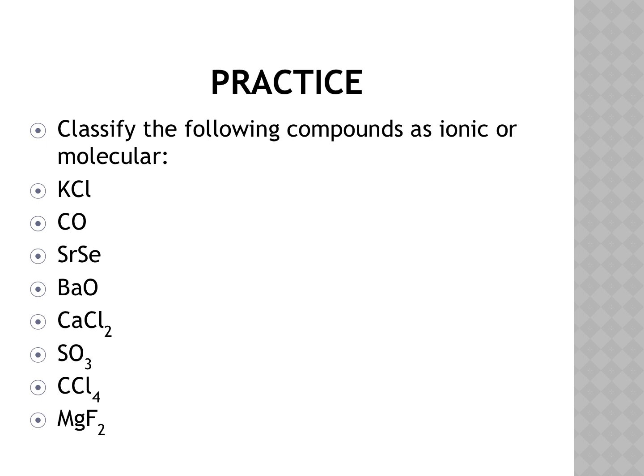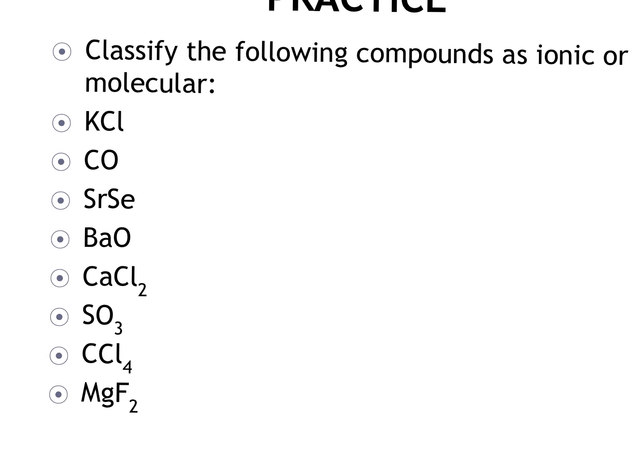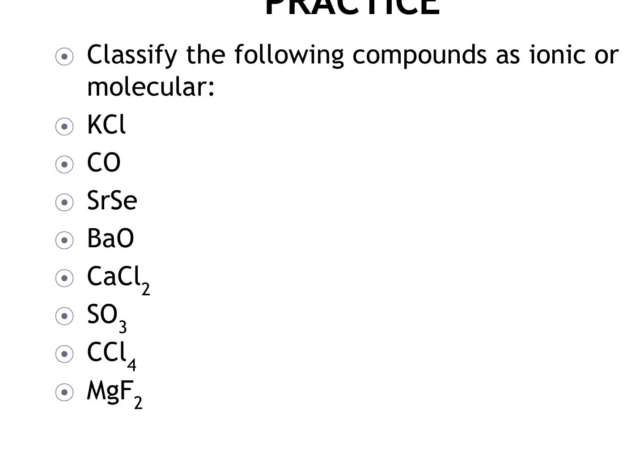Okay, so now here's the big goal of the day. If you look at a formula, you need to classify it as ionic or molecular. Today I gave you simple ones, just 2 compounds. So one capital letter, that's your first element. Second capital letter is your second element.